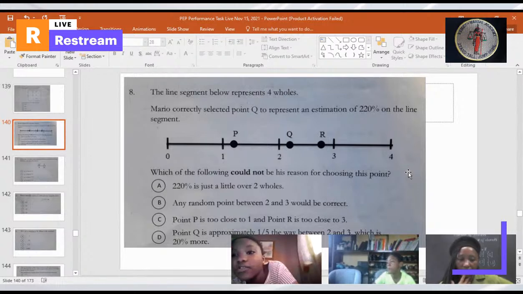A. 220% is just a little over 2 wholes. B. Any random point between 2 and 3 could be correct. C. Point P is too close to 1 and point R is too close to 3. D. Point Q is approximately 1/5 the way between 2 and 3, which is 20% more.